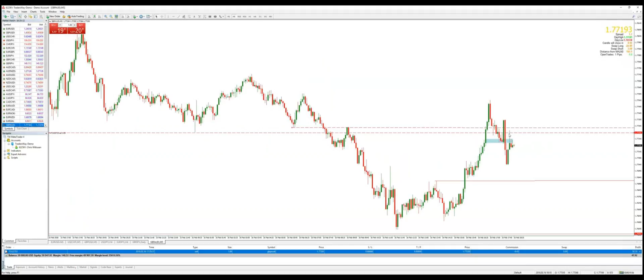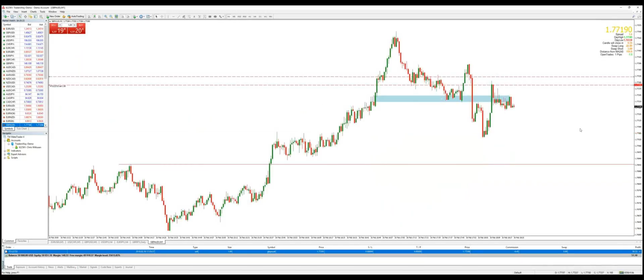The price came to this level. I entered on the order block level here. Not big, but it was good enough for me on a 1 minute, and that's why I entered it. So basically based on this order block, that's where I entered.